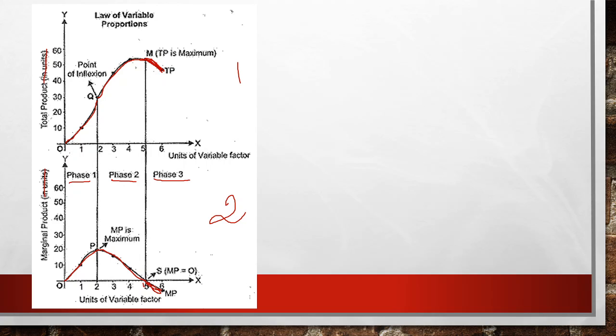So these are the three phases, okay? In the first phase TP is increasing at an increasing rate, MP is increasing. Then TP is increasing at a decreasing rate, MP is falling. Then TP falls and MP becomes negative, okay?